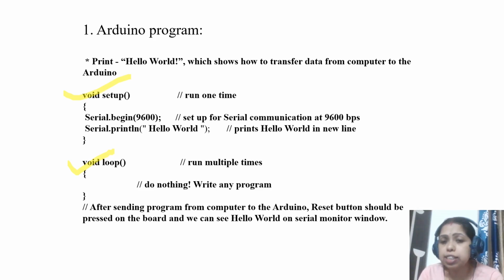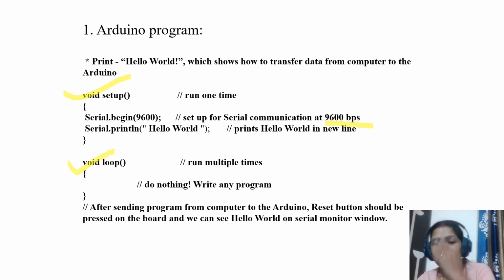Here you can see 9600 bps, bits per second. What is 9600 bps? It is the rate at which data will be sent from the system software to the hardware through the USB, through serial communication.